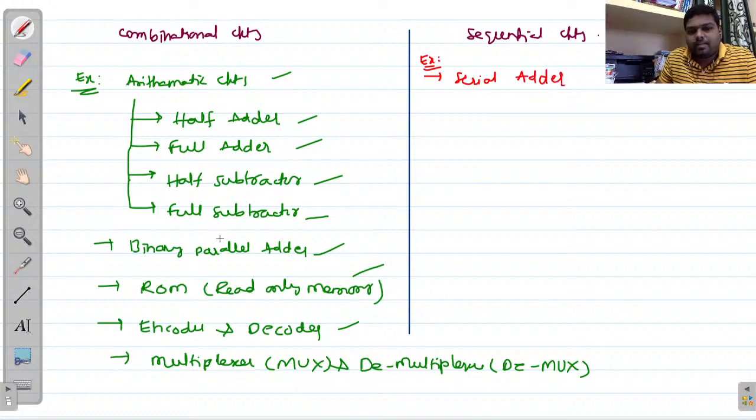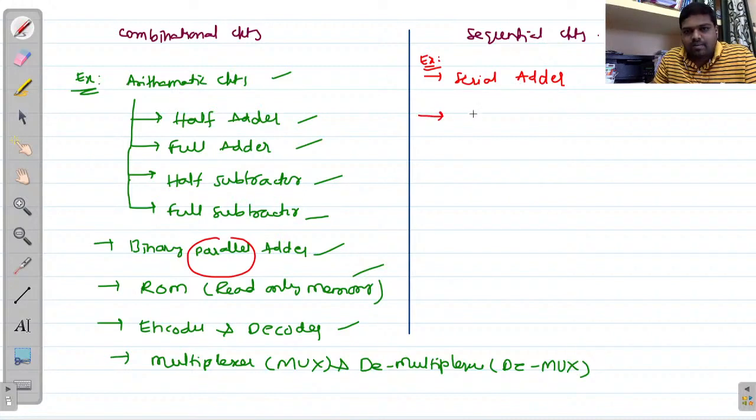Here we have the binary parallel adder, and this one also is the binary serial adder. Because we are using binary numbers in digital electronics, don't always write binary, parallel adder; that is enough, right? Here the parallel adder comes under combinational circuits, and the serial adder comes under sequential circuits. Why? Because this depends on the present state as well as the previous state.